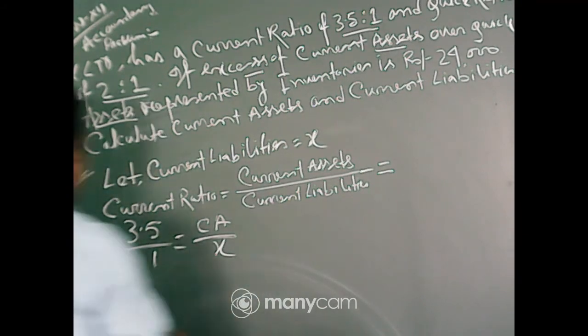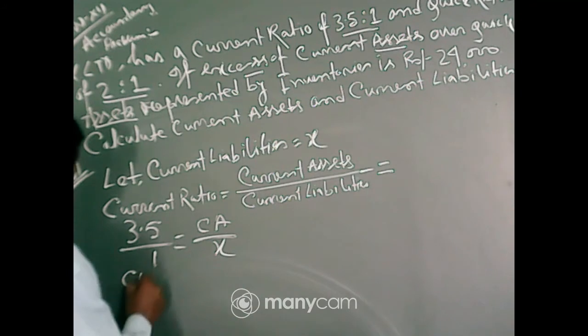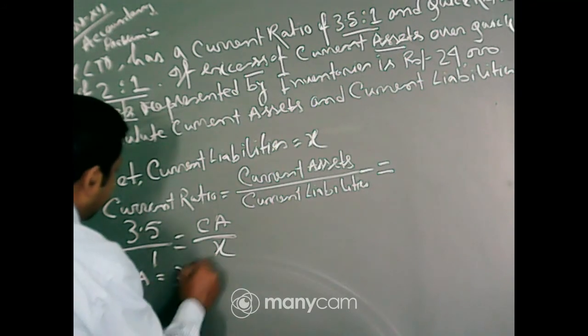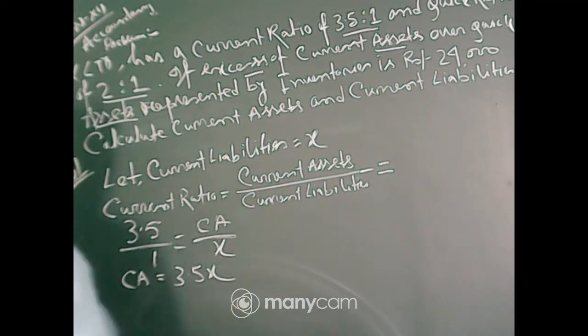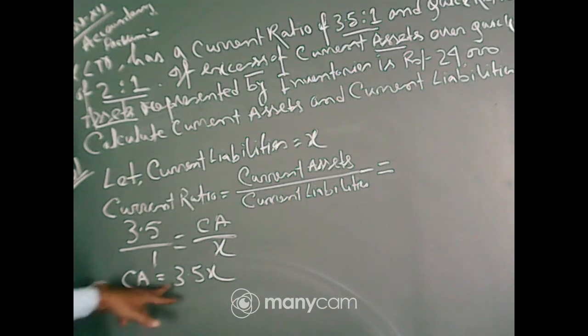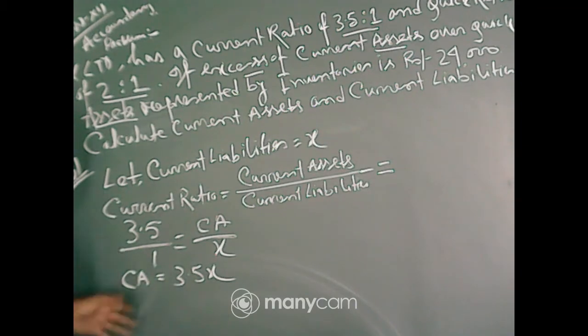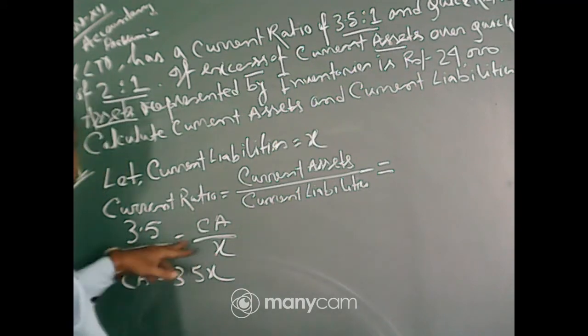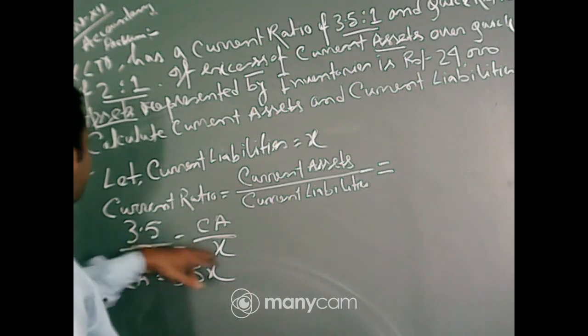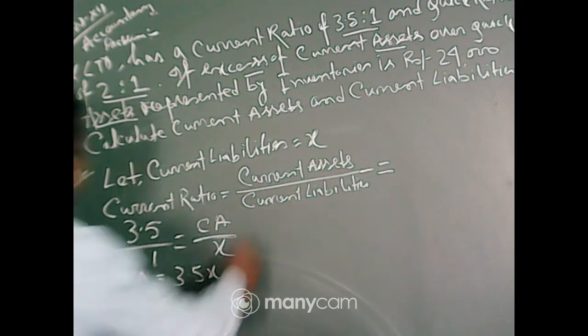So CA equals 3.5X. That's why we can say current asset equals 3.5X. We just multiply 1 into CA, 3.5X. This is just math.